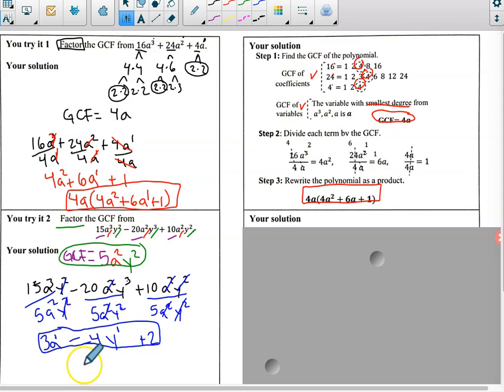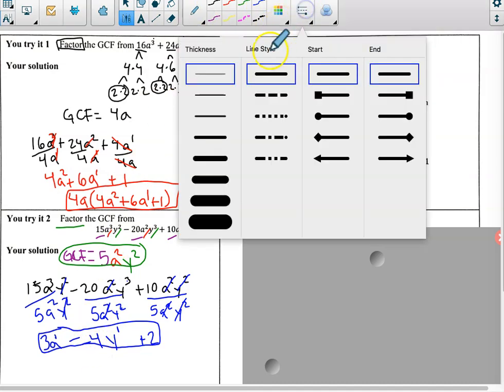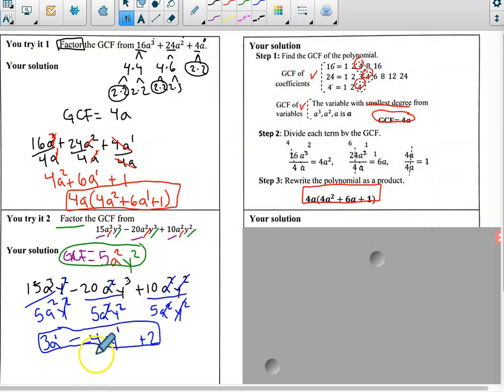So my solution is going to be, let's see, 5a squared y squared, which is the GCF, times the quantity of 3a minus 4y plus 2.